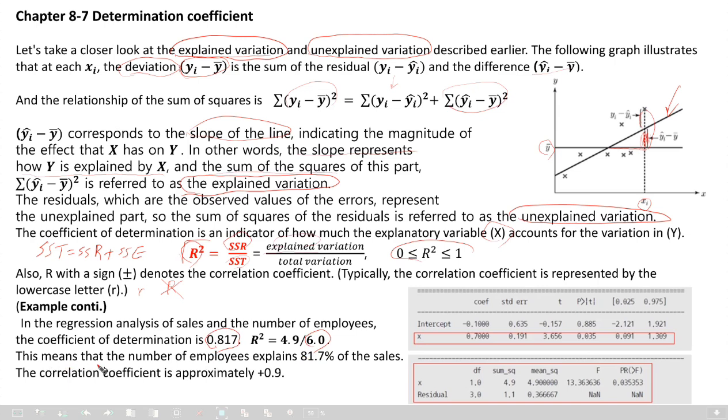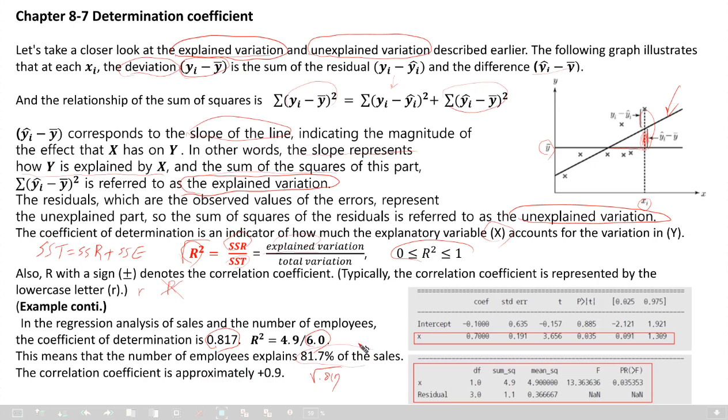This means that the number of employees explains 81.7% of the sales amount. The correlation coefficient is approximately 0.9. The square root of 0.817 is near 0.9. 0.9 is a very high correlation coefficient. So 81.7% of the sales amount is explained by the number of employees.